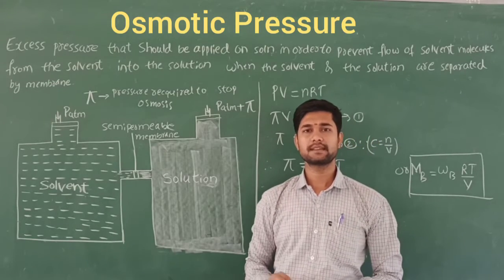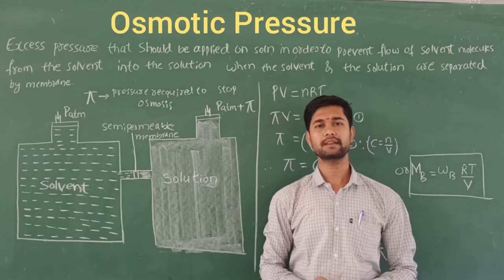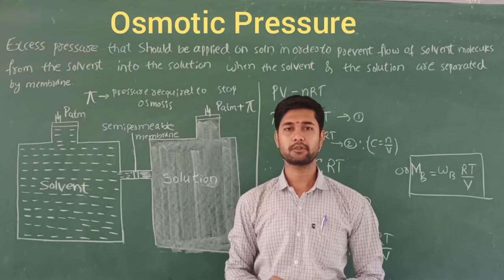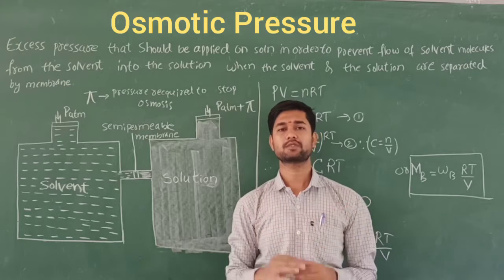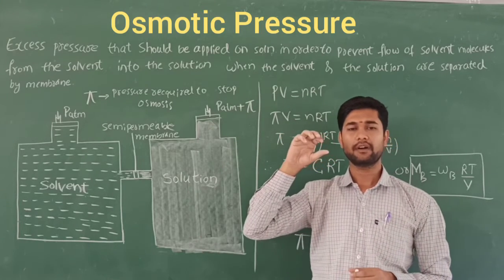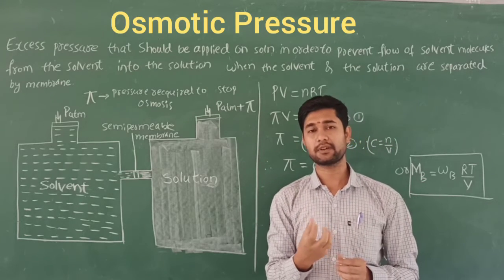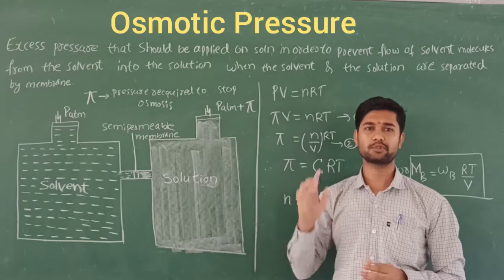So let's discuss osmotic pressure. We studied that osmosis is the flow of solvent molecules from the solvent into the solution. In order to stop this osmosis, we require an excess pressure, which is called osmotic pressure.